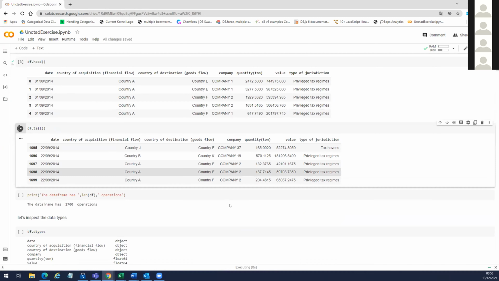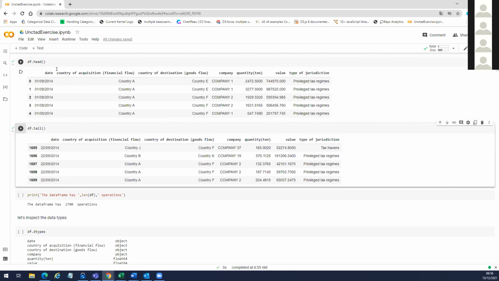I will do this with these two commands, the first lines and the last lines. Do you see that this file has lines 0 to 1,699? This is the number of transactions of our file. It is in a period of September 2014, 1 to 22 days of our window.